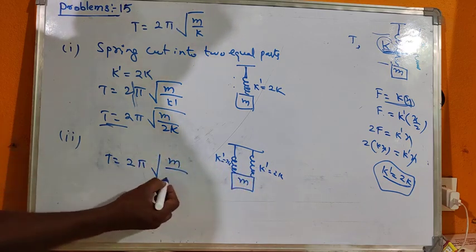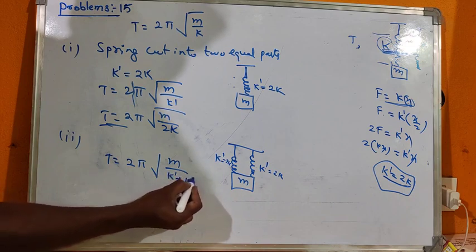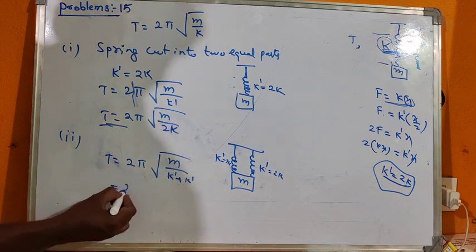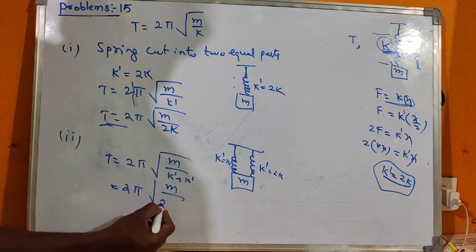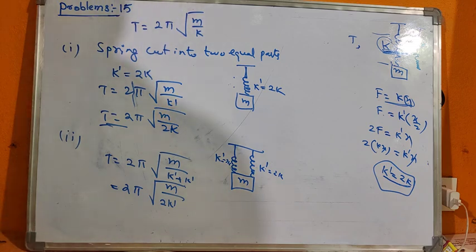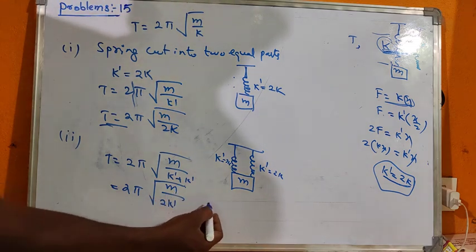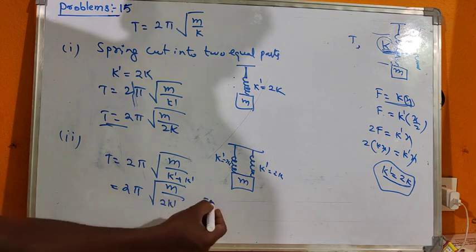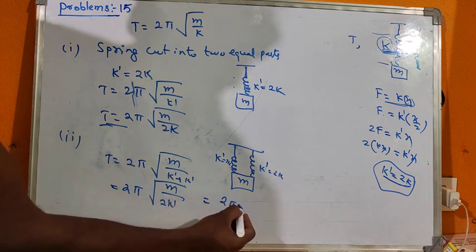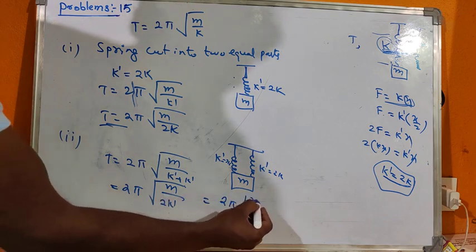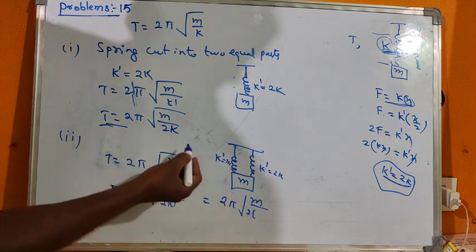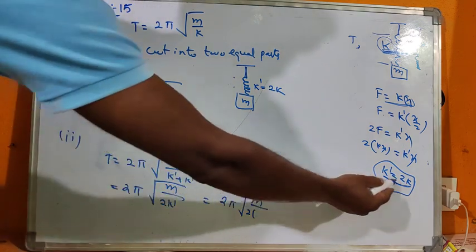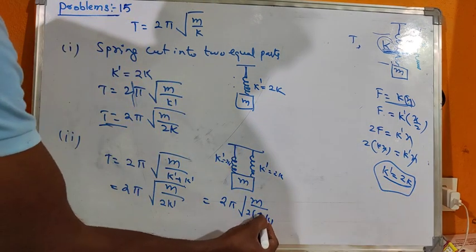This k and this k, that is equal to k prime plus k prime, so T is equal to 2 pi under the root of m by 2k prime. 2k prime means 2 into k prime. K prime is equal to 2k.